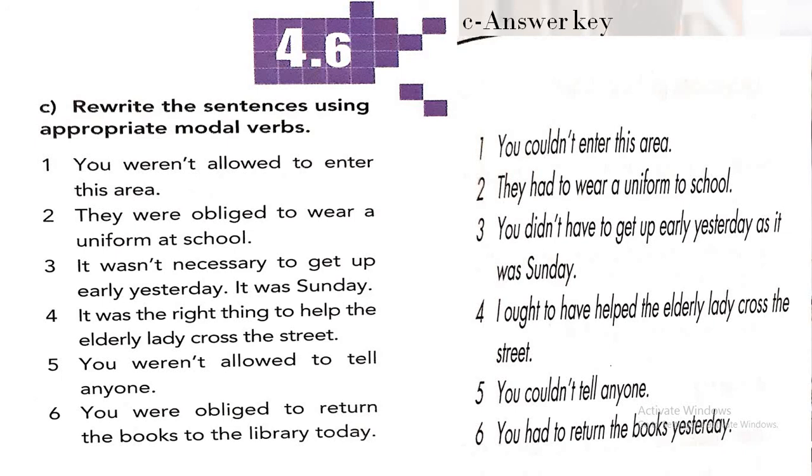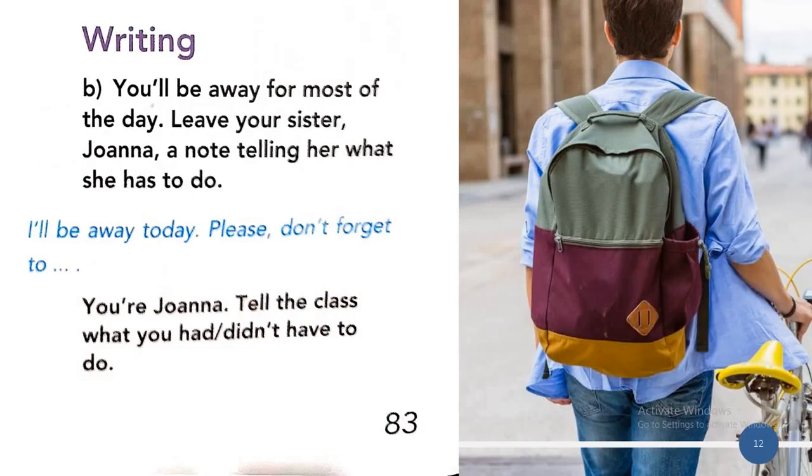notebooks. And now let's move to the last thing, which is writing. B, you will be away for most of the day. Leave your sister, Joanna, a note telling her what she has to do. So you have an example. I will be away today.